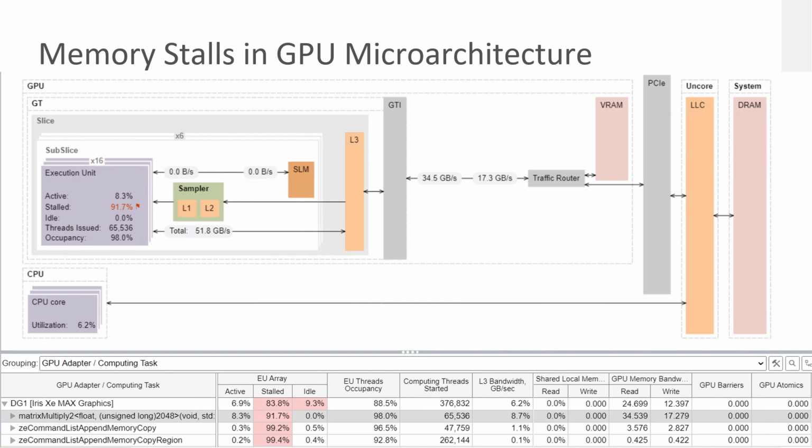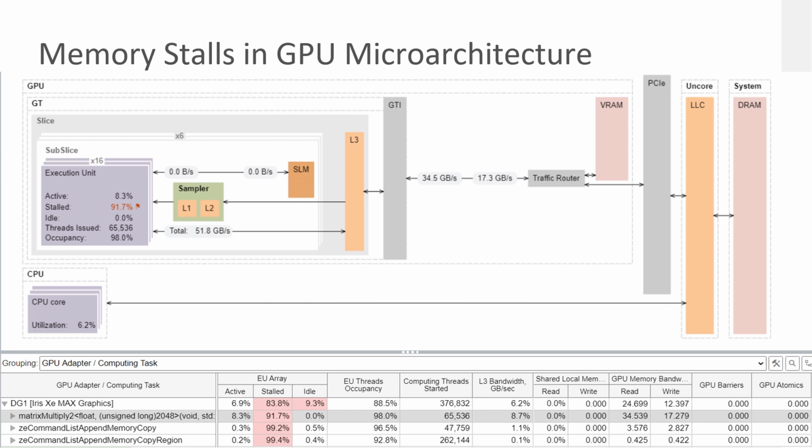But what about the efficiency of execution of compute tasks on the execution units? One of the main metrics of efficiency is what portion of the task is being executed actively on the EU, or being stalled or idle.